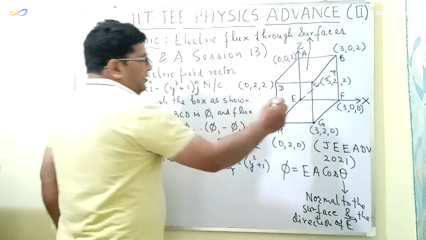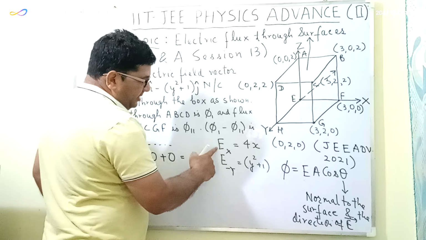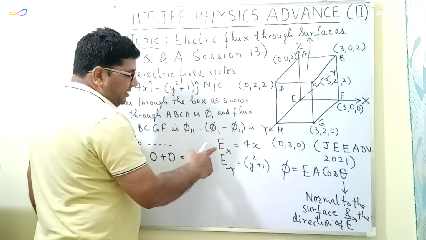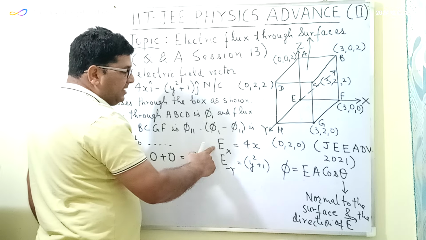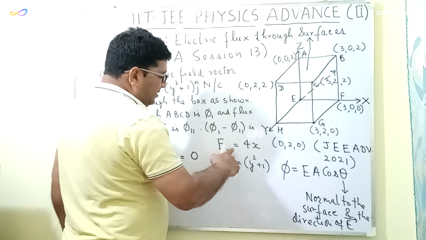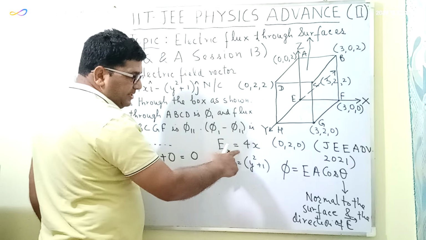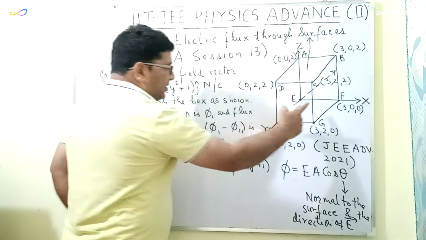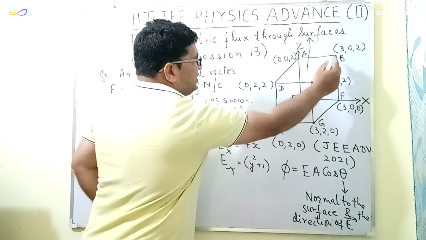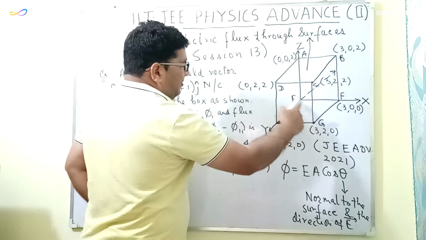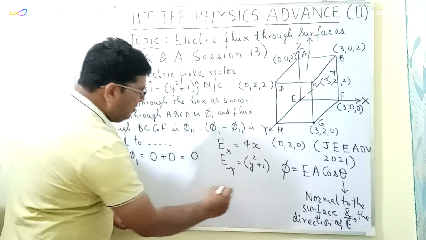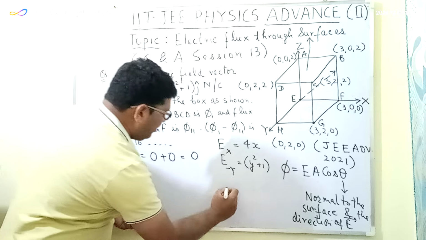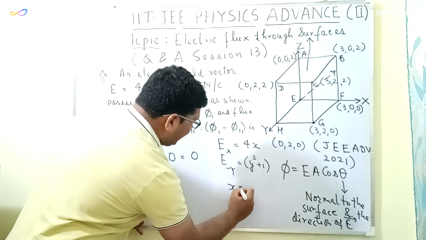Now we know that the intensity of the electric field directed along the x-axis is given by 4x. Now here for the surface BCGF, the value of x will be equal to 3.